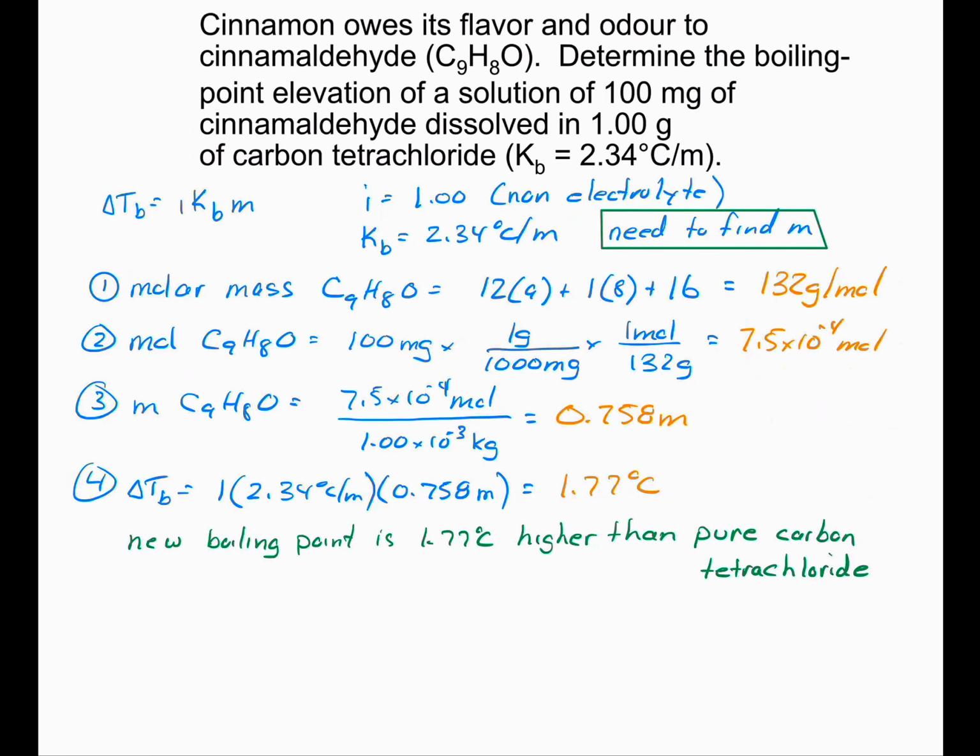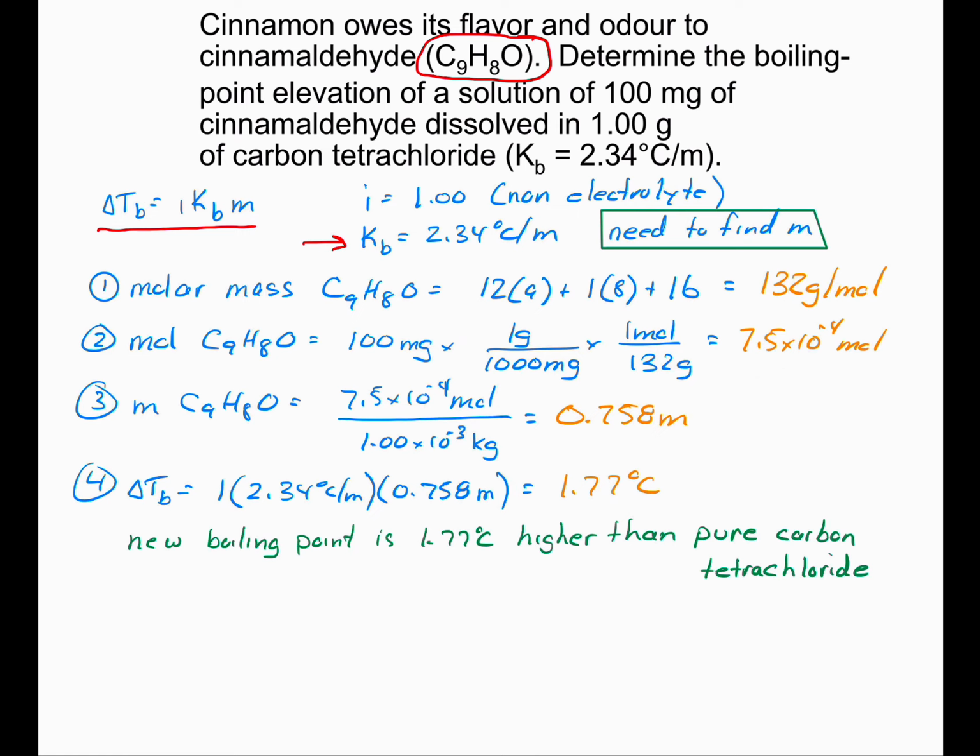So again, we're going to be using our delta Tb equation. We're given the Kb of 2.34 degrees Celsius per molal. This is carbon tetrachloride, which is different than water, so it's going to have a different boiling point elevation constant. And cinnamaldehyde is given as this particular chemical equation.